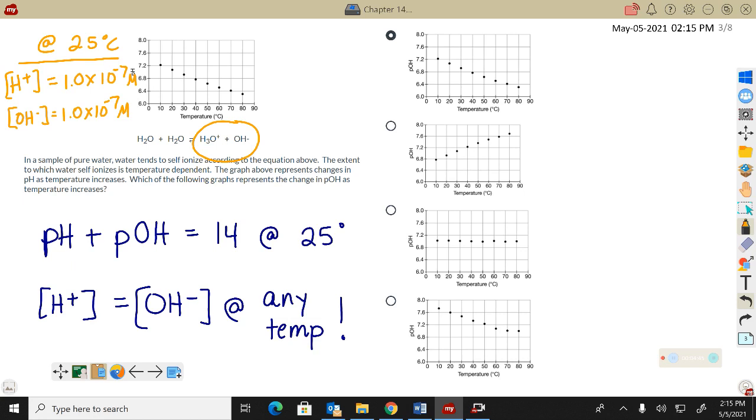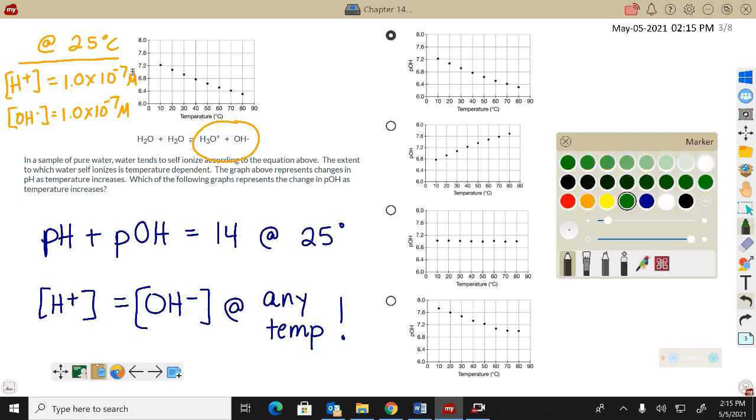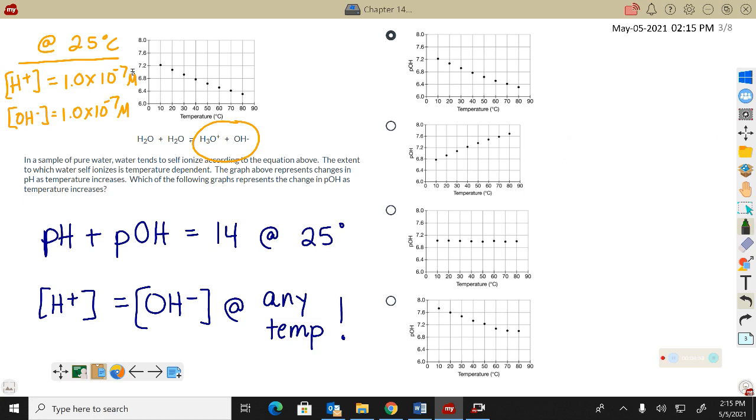Now, if I look at increasing the temperature and I see that the pH is going down, that must mean that there's more hydrogen in the solution. This is an endothermic process. Because if I increase the temperature, that's like adding energy, and that would shift it more forward.